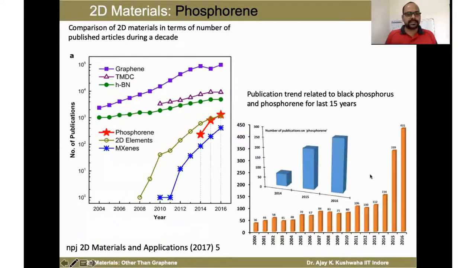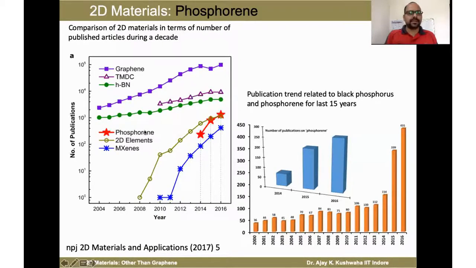And this plot of number of publications versus year demonstrates the popularity of this particular material. If you see the jump in the number of publications from 2014 to 16, within this 12-year period, graphene, TMDC, and boron nitride are increasing, but not very sharply, only at a slow pace.